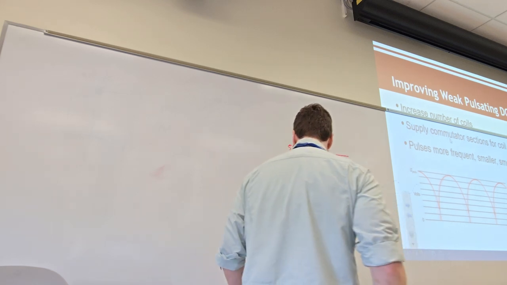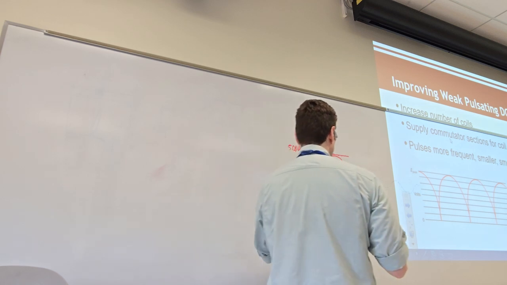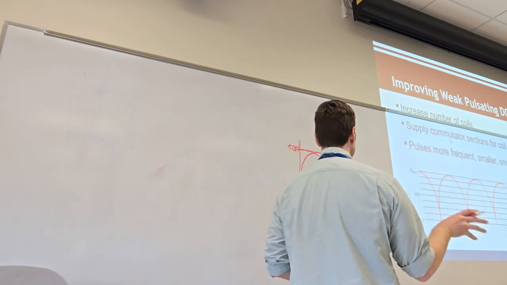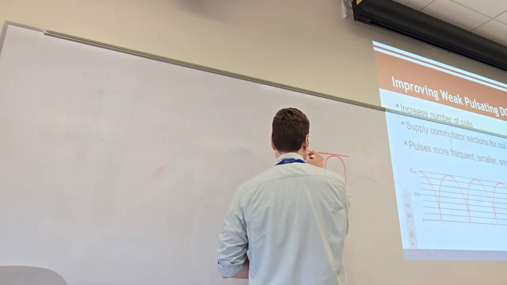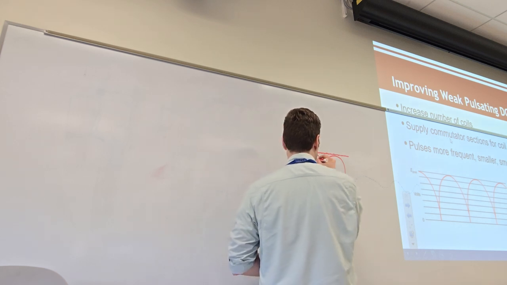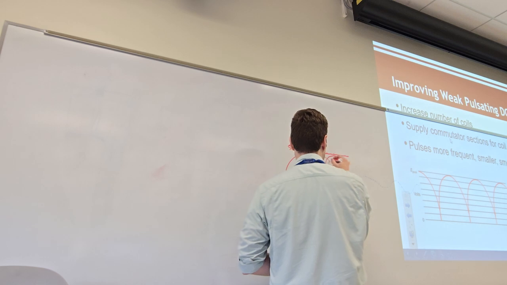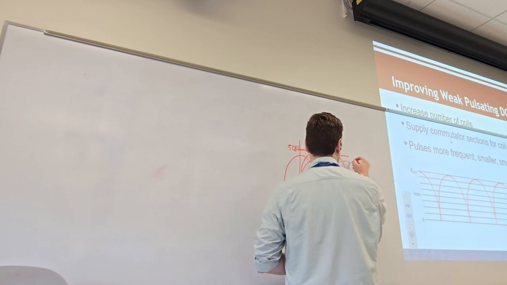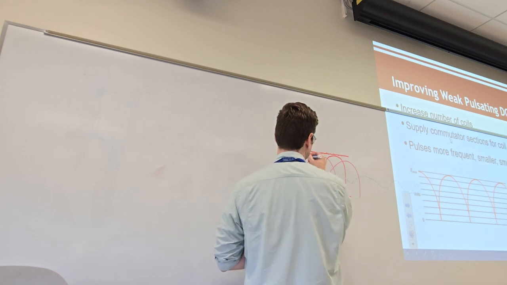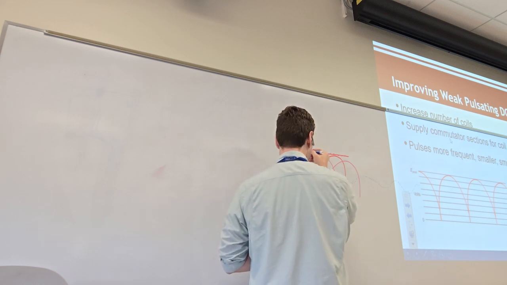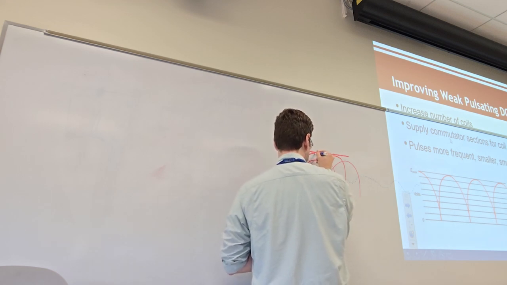Okay. However, if we add more coils that are offset a little bit in the arc, we can essentially average more of these peaks. So now we kind of ride this level instead.